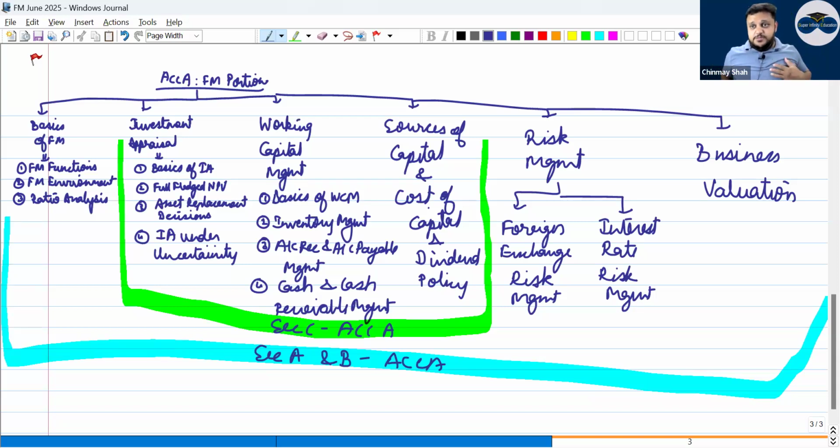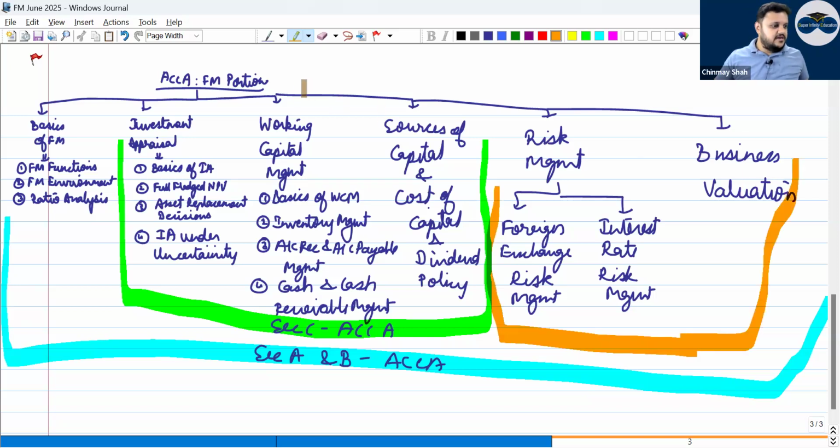But if you ask me from an examiner's point of view, right, from where section B will come, this is the area from where this is section B. Section B, this is my recommendation.